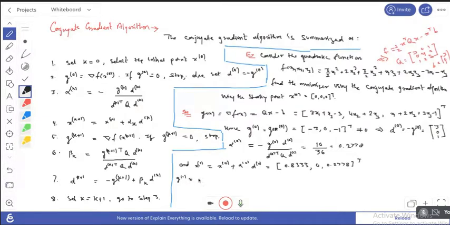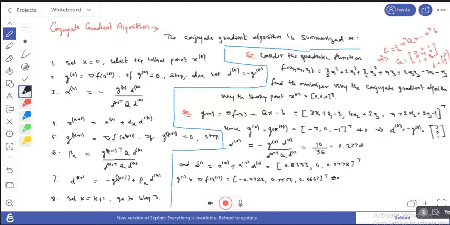g1 is the gradient of f at this new iterative point. You have to find the gradient at x1 and check whether it is 0. If it equals 0, then you have to stop there, and if it is not equal to 0, then you proceed. So this value is 2, 0.5556, and 0.6667 transpose, and that is not equal to 0.